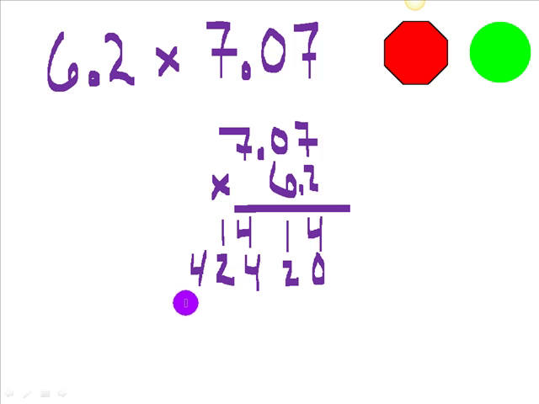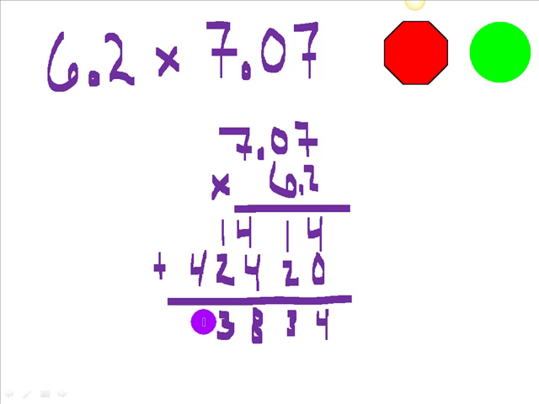So my numbers are all lined up, and now I come in and I add. So I have 4, I have 3, I have 8, 3, and 4. And I look, I have 1, 2, 3 numbers that are to the right of the decimal. So I go 1, 2, 3, and I add my decimal.